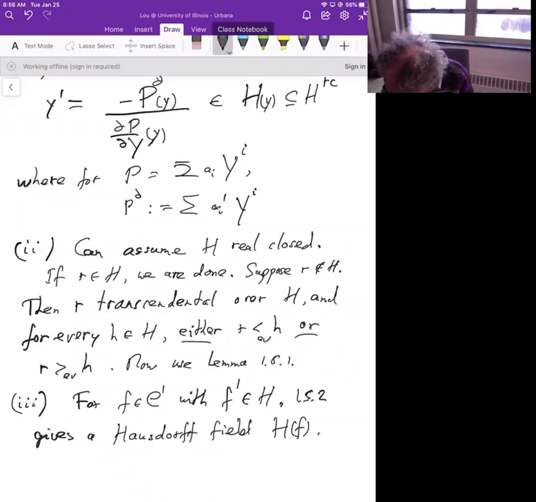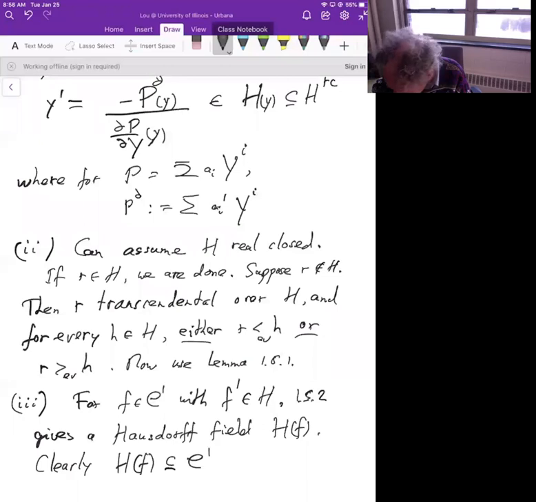Now clearly, since f is C1 and all the functions in H are C1, this is contained in C1 again.